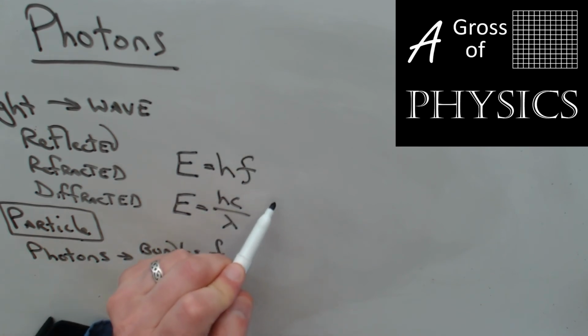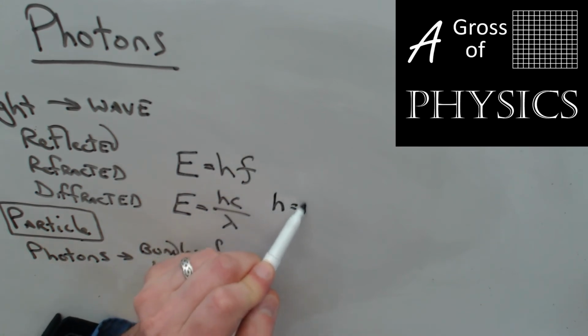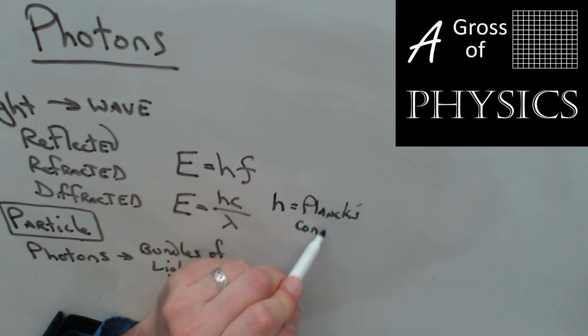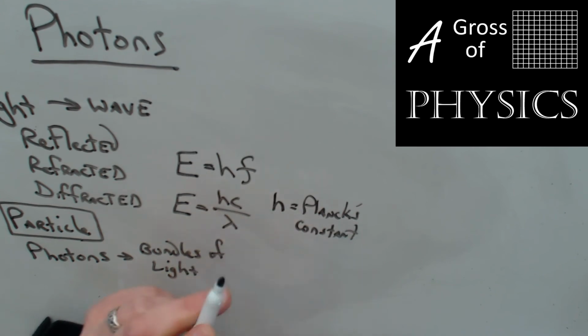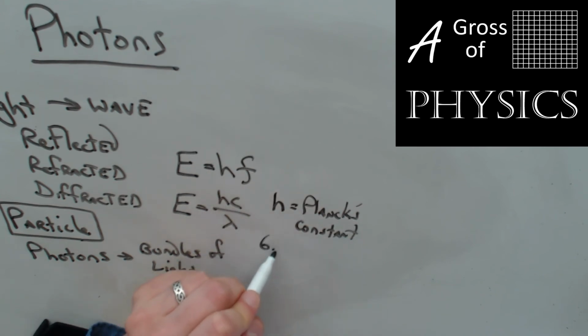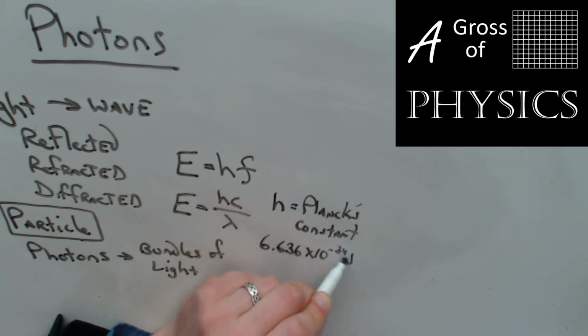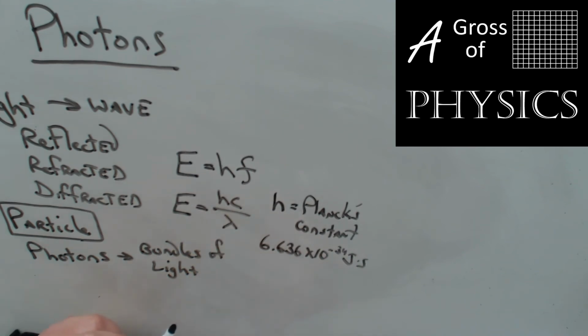But we also need to know this term h, and that's Planck's constant. And Planck's constant is 6.636 times 10 to the negative 34 joule seconds. What we'll do now is we'll calculate the energy of different wavelengths of light.